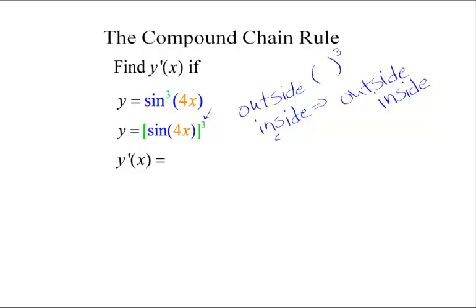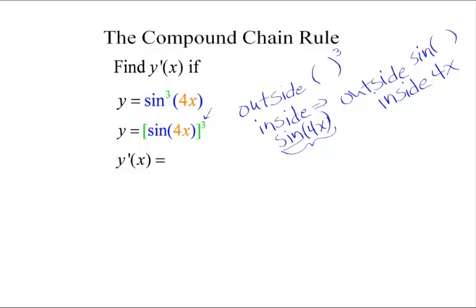The inside function there, f of g of x, was the sine of 4x. That's what was fed into the cube function machine. Now we need to recognize we still have f of g of x. What is the outside function here? The very last thing done here is we took the sine of whatever we fed that function machine. And the inside function that we fed it was 4x.